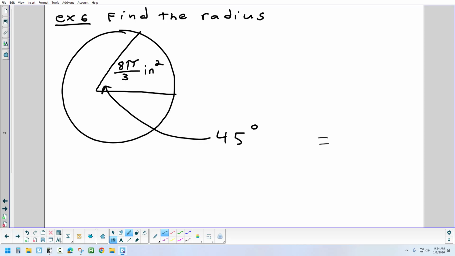When we change degrees to radians, 45 degrees is pi over 4. If you're not sure, multiply by pi over 180, and you will see that 45 goes into 180 4 times. So that's not the answer, but that is the angle we need to use to get the answer.